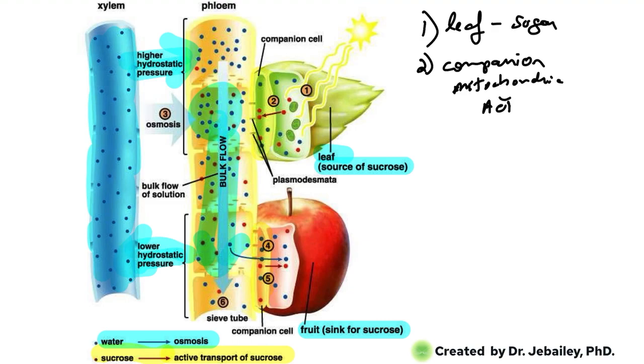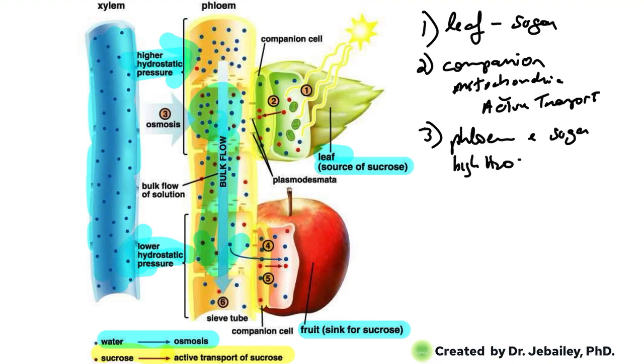Mitochondria and the active transport channel, okay? Then after this, talk about the phloem, as well as the sugar that causes the high amount of water to move towards the sugar, right?